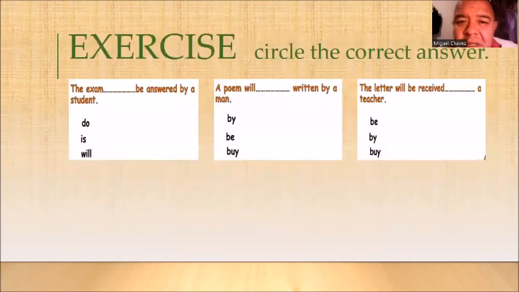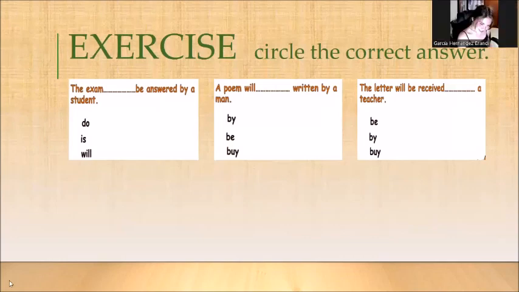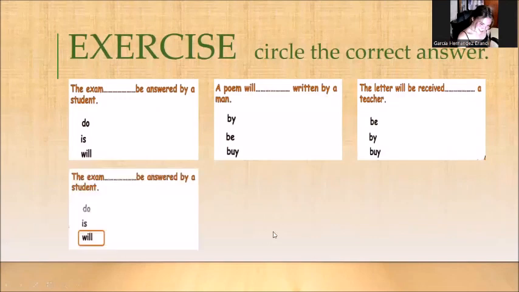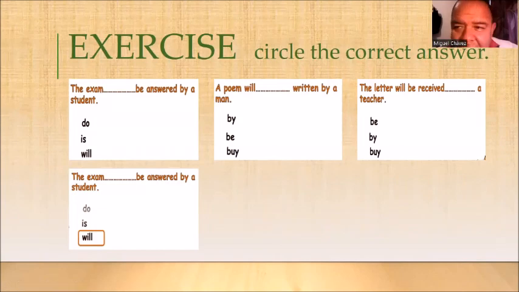Let's check if we understand more or less the passive voice in the future simple. A volunteer for the first exercise, please. Yes. The exam will be answered by a student. Exactly. Thank you, Kate. Will be answered. Thanks a lot.